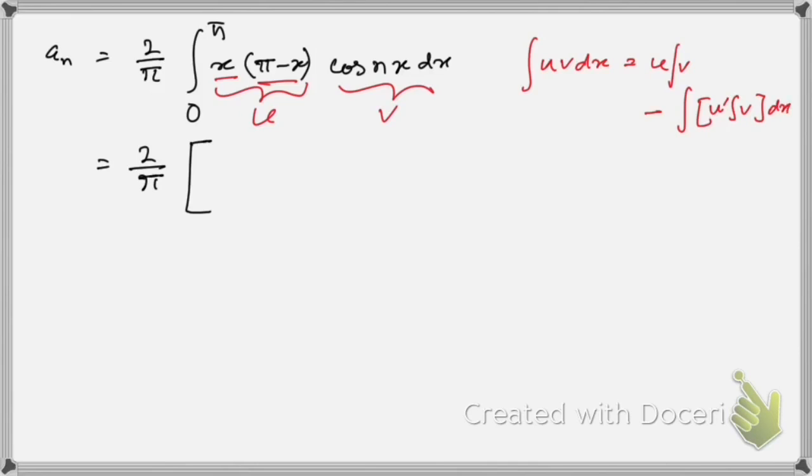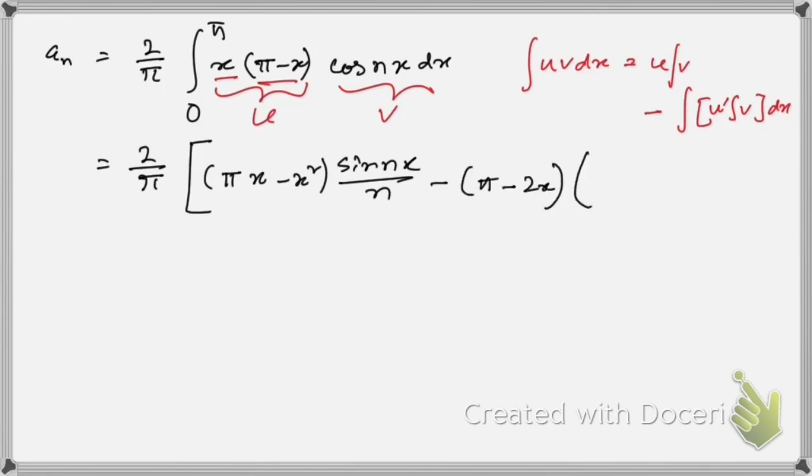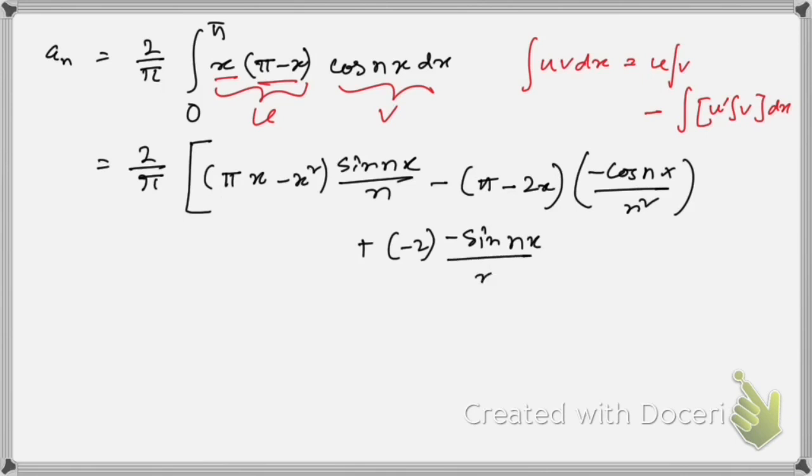Apply that and you get this result: pi x minus x square times sine nx by n, minus pi minus twice x times minus cos nx by n square, plus minus 2 times minus sine nx by n cube, from 0 to pi.